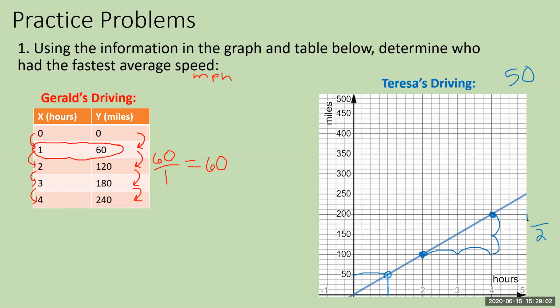So we'd go up by 100. So we end up with this ratio of 100 to 2. We simplify that. It's going to simplify to 50 over 1 or 50. Right? So we get the same unit rate either way. So who had the fastest average speed? Gerald did. Gerald had the fastest average speed.